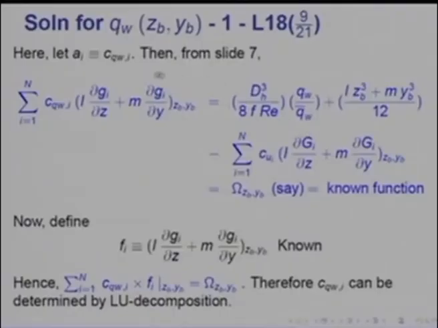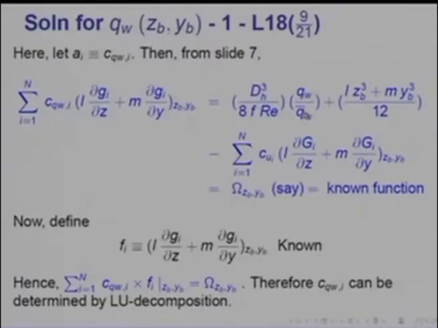So, if I were to take Q W as specified, then the left hand side would become C Q W I L dGi by dz plus m dGi by dy at ZBYB equal to dH cube over this into Q wall bar plus this minus CUI L dGi by dz plus m dGi by dy at ZBYB, and all these quantities are known because Q wall at ZBYB has been specified.